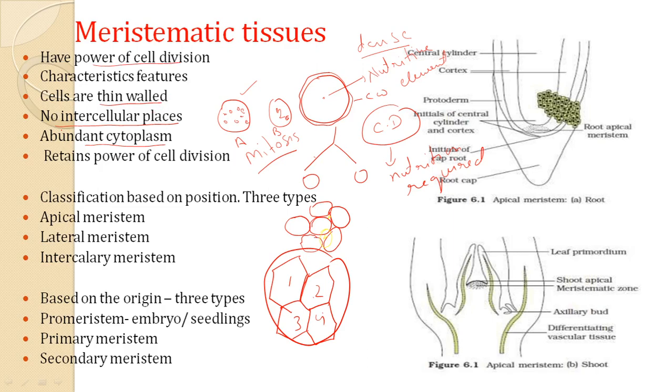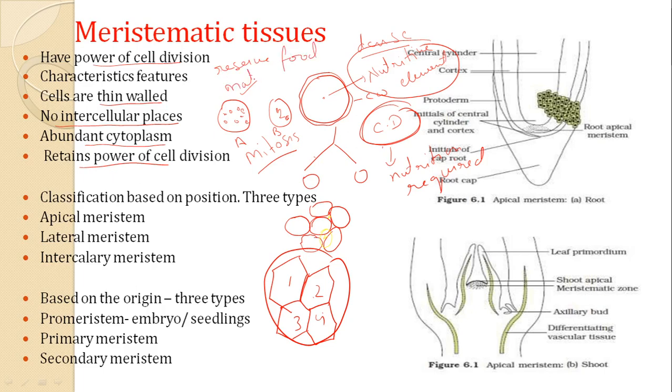Due to retaining the power of cell division, the cytoplasm is always abundant and contains nutritive elements. These nutritive elements help in the process of cell division, because proteins, vitamins, and other sources of energy in the form of ATP are all stored. So we can also say it is the storage area, a reserve food material area.